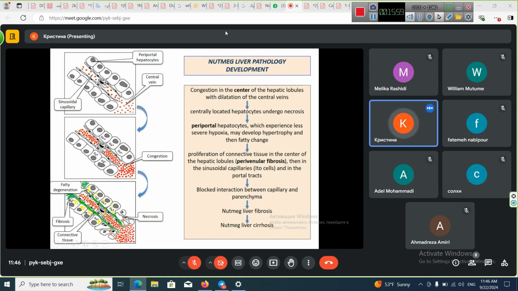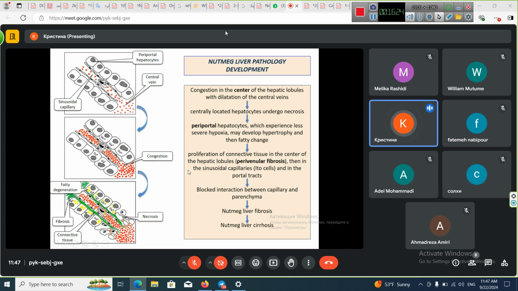They just stay accumulating inside the cytoplasm, and it is called fatty degeneration, fatty change. It happens in the most peripheral cells, periportal cells. What happened to the centrally located hepatocytes? They underwent necrosis, the cell death. So here you see dead cells.